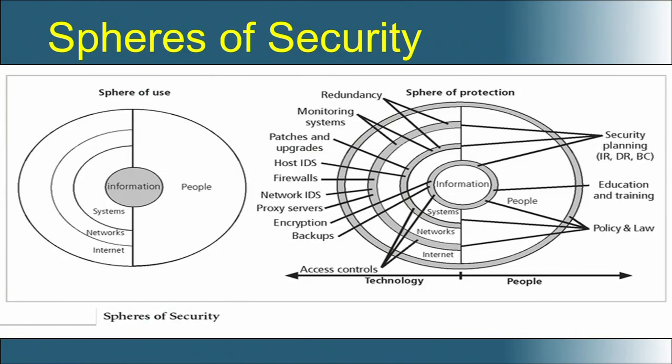All these things at a very broad outline should be part of your information security policy. So, the sphere of security essentially forms a very good framework for you to start populating the policies inside your IS policy document.